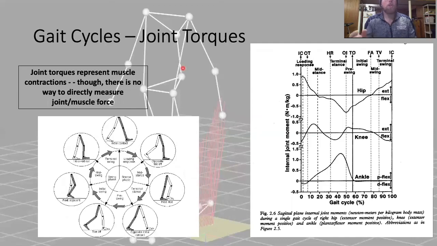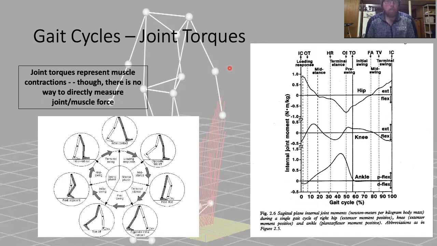Okay, joint torques. Now, when we start talking about torque, we're talking about muscular activity, all right? When we talk about joint torques, we're not necessarily talking about electrical activity being measured at the joints or at the muscles. We're talking about how much force is being applied at the joints.